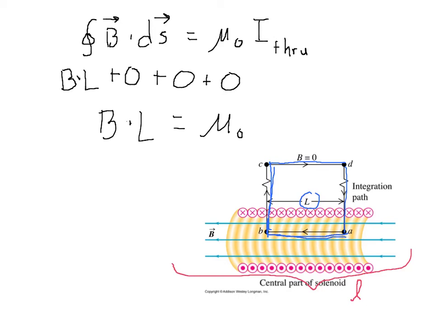And so what that means is if we know the total number of turns in our solenoid, we're going to call that capital N, then the number that's actually inside the integration path is just that number times the ratio of how big L is to little l.